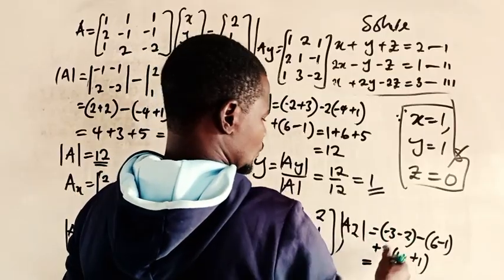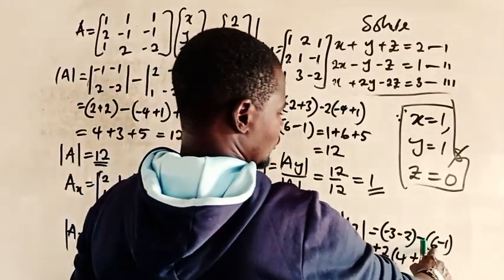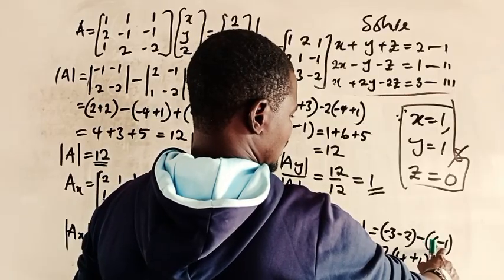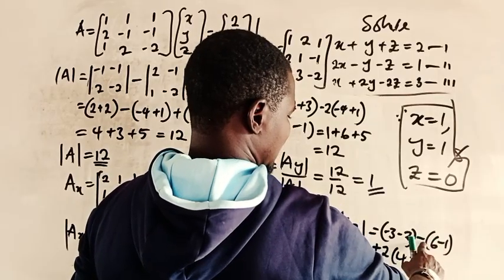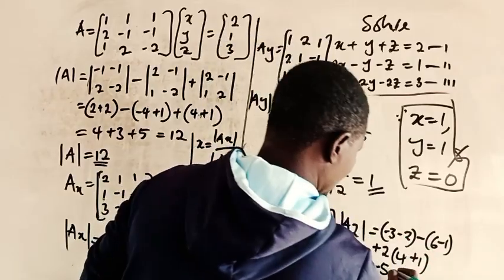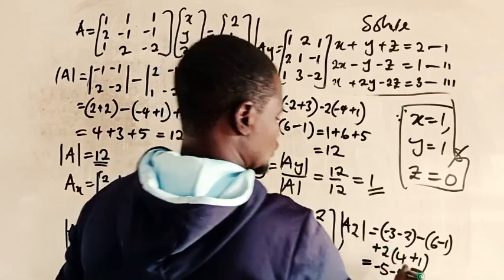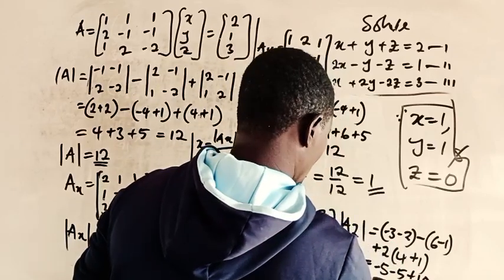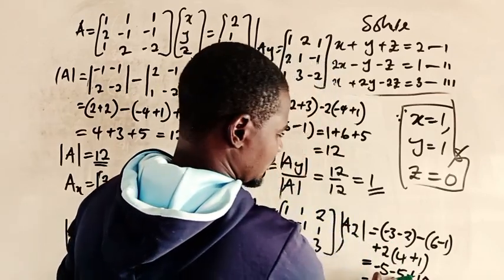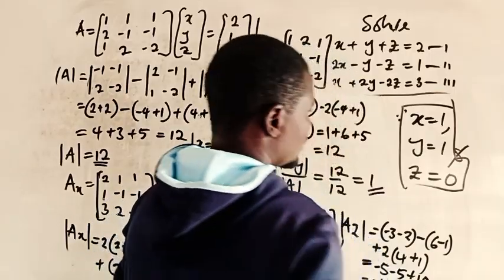So this should be minus 3 minus 2 is minus 5. Then 6 minus 1 is 5, and 5 times minus is minus 5 again. Then 1 plus 4 is 5, times 2 is 10. Remember, this equals minus 5 is minus 10 plus 10 equals 0.